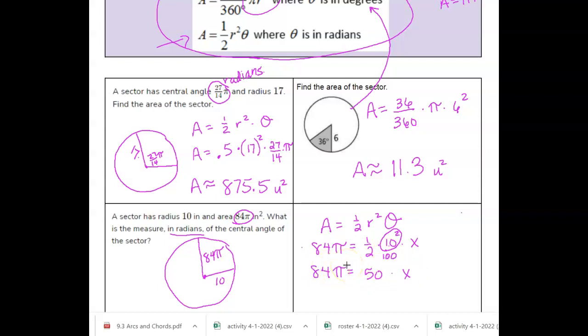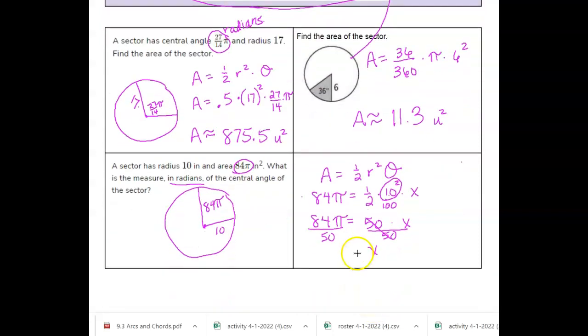Since we're solving, I would divide by 50, and this doesn't go in evenly, but what you've noticed is when they give you the angle in radians, it's a fraction. So it's best if you reduce this. If you struggle with reducing, you can give me the decimal, but reducing is best. If I divide these both by 2, I get 42 over 25, and then the pi stays.